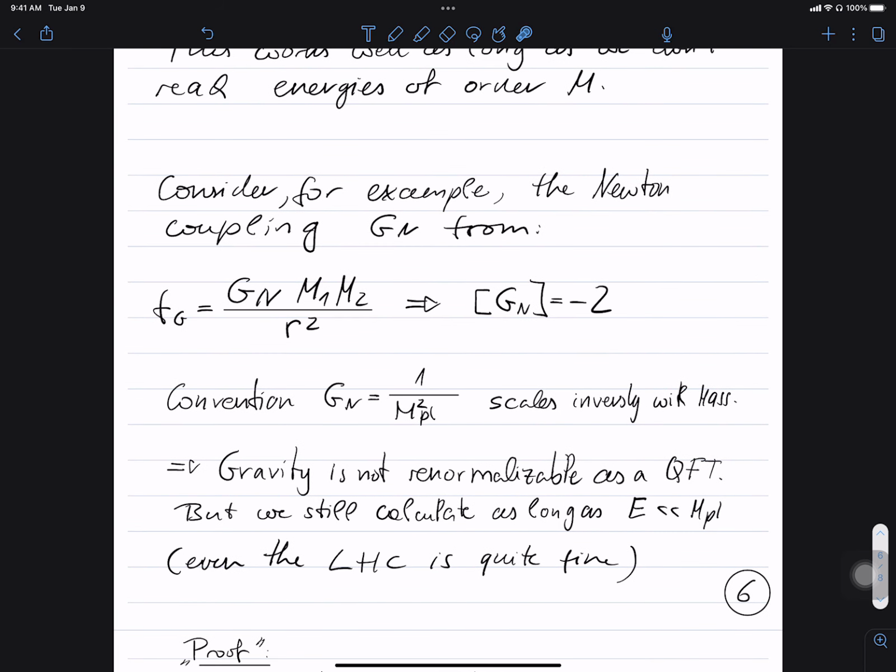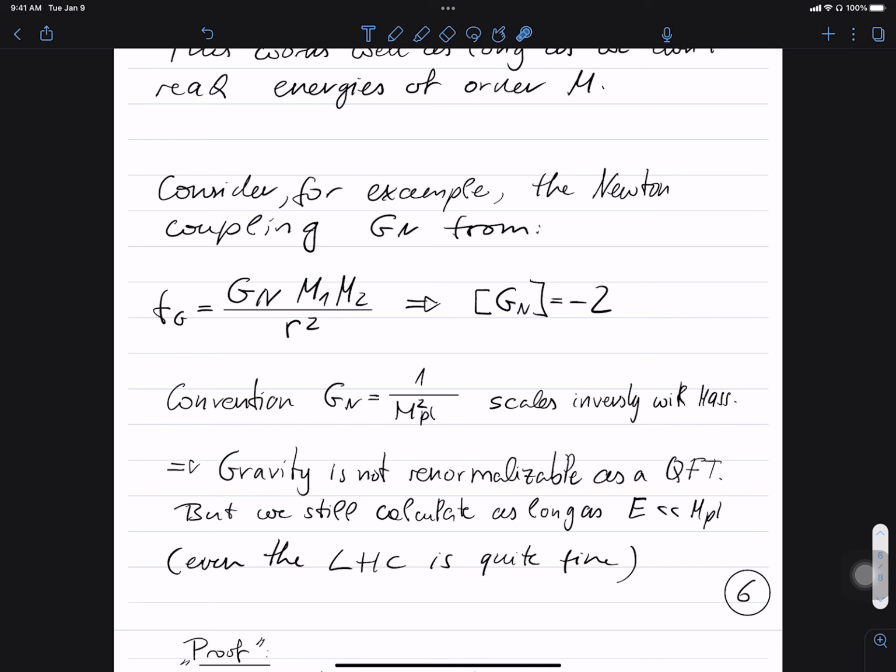Similarly, for example, in terms of Newton gravity, if we do the dimensional analysis of the force law, we find that the force has mass dimension 2. The radius squared has mass dimension -2, so we have mass dimension 4, but the force has to be of mass dimension 2.